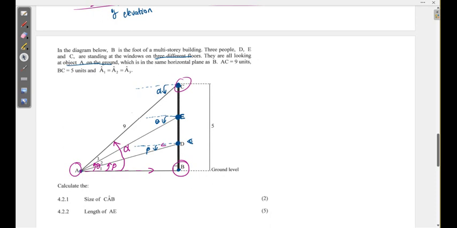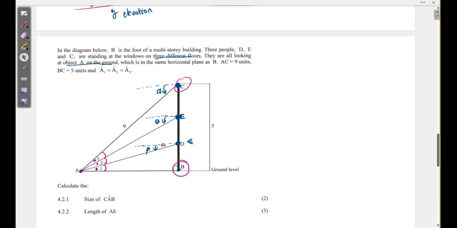Now if I can remove those many things there. Let's understand the following. Since these angles are equal, this angle here is equal to this one, and it's also equal to this one.